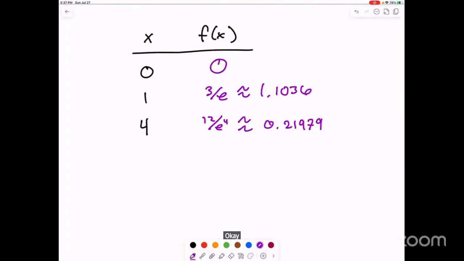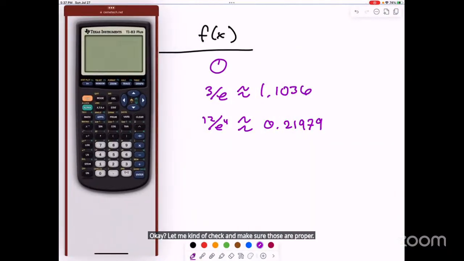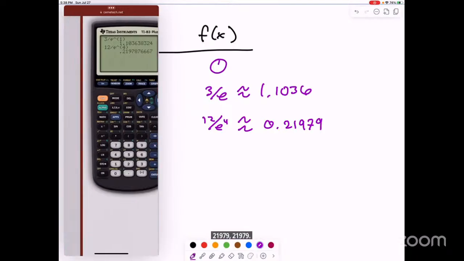Okay. Let me kind of check and make sure those are proper. 3 over e is 1.1036. 12 divided by e to the power of 4 is 0.21979, okay.